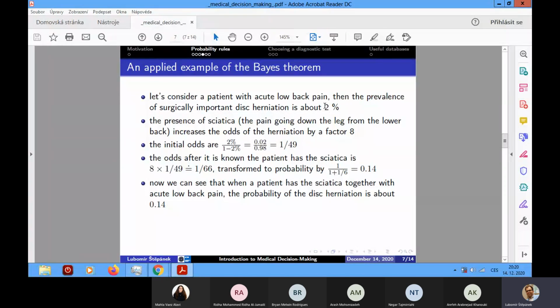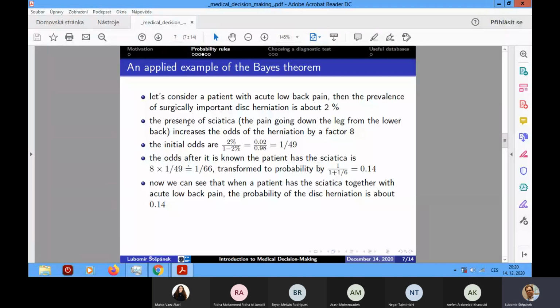So it's 7 times larger than it was before. Still, 0.14 is not a very high number, but definitely it's 7 times higher than in the very beginning. So we can see that sciatica is a game changer here.